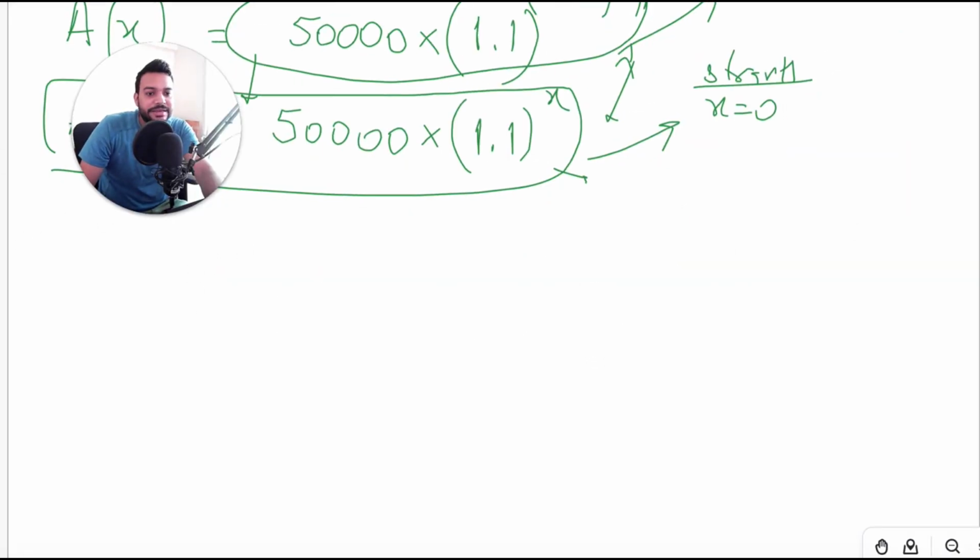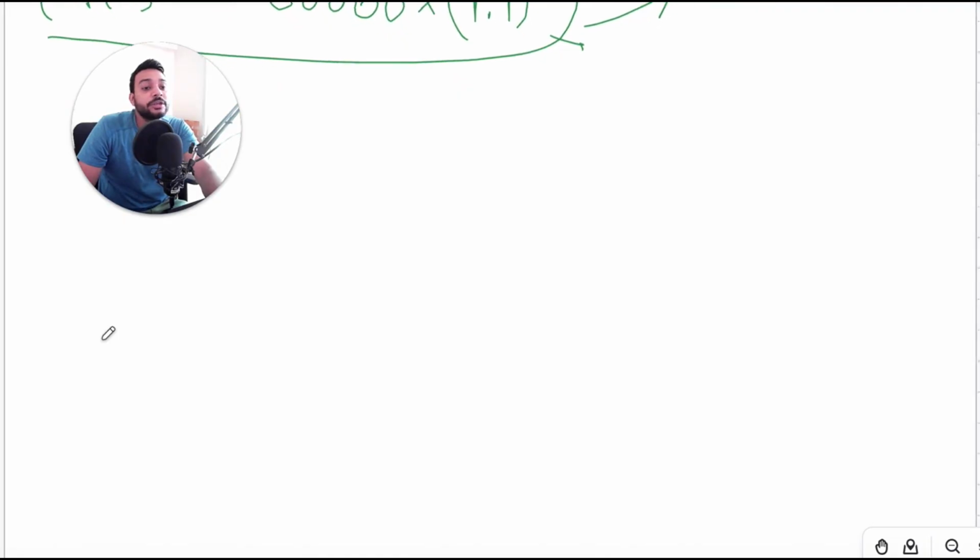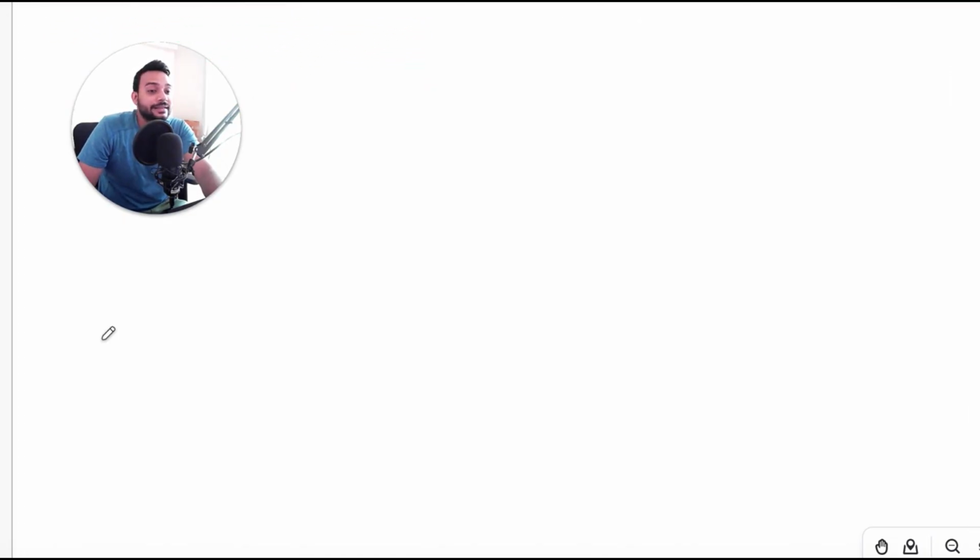Sometimes you're given direct functions, with no scenarios, just direct exponential functions, and you need to figure out what's happening. That's the opposite of what we just did. We converted the scenario into an exponential function. Next, we need to see an exponential function and then decode the scenario.